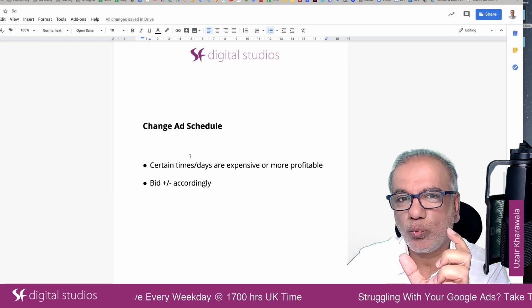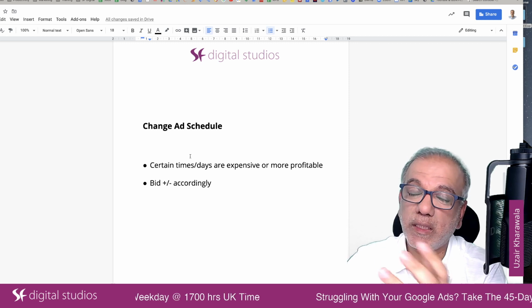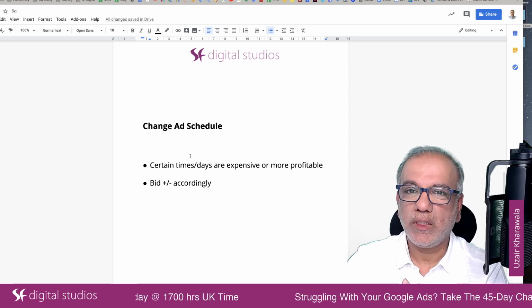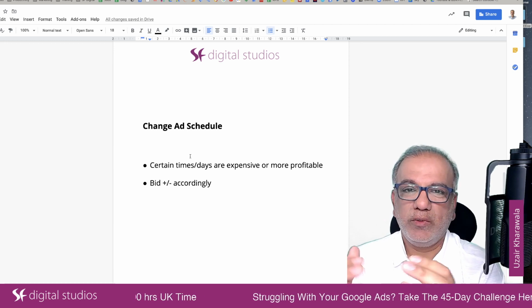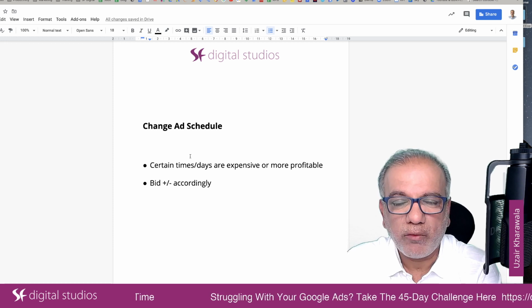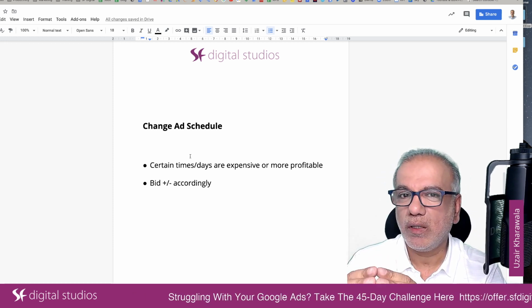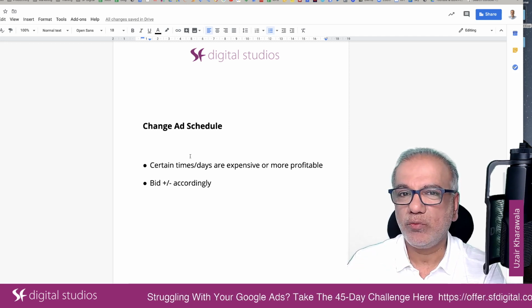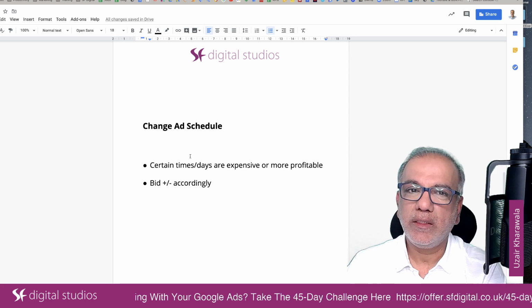You can't have just one CPA for all your services, unless your customer lifetime value is the same, and you just want to keep it simple and work to one average. But I don't work on that basis, because with some campaigns we run, our customer lifetime value is a lot higher than with other products.